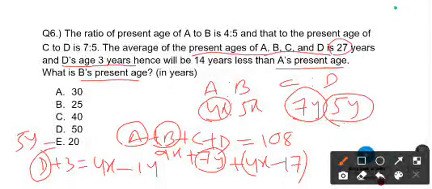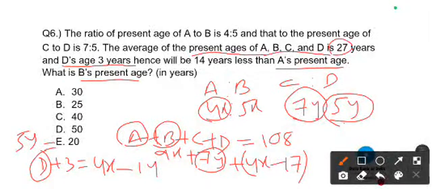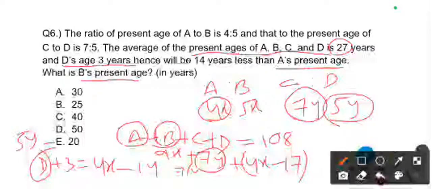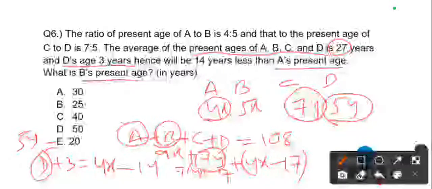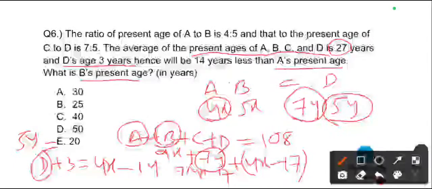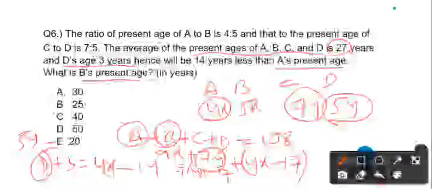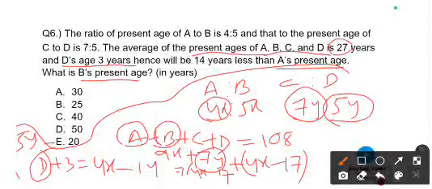So instead of 7y we can write 7 times (4x minus 17) divided by 5. Lalita got 40 as the answer. This is why I'm not taking the live arithmetic questions, because I will not have enough space to cover all these arithmetic questions.